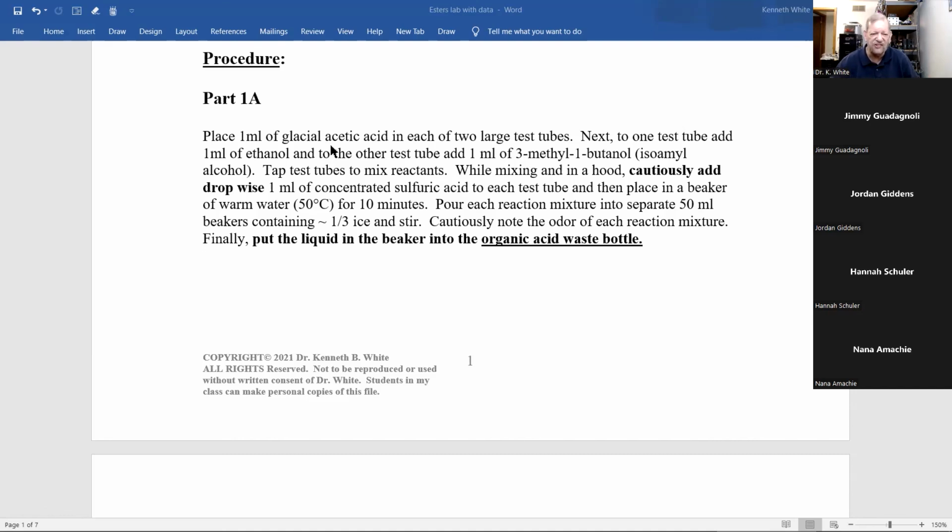And acetic acid, you should know, has this structure. So what we're doing is this reaction in each test tube with a different alcohol, and we'll make what's called an acetate ester, depending on what R prime is. In one case it's ethanol for an ethyl group, another it's the isoamyl group.